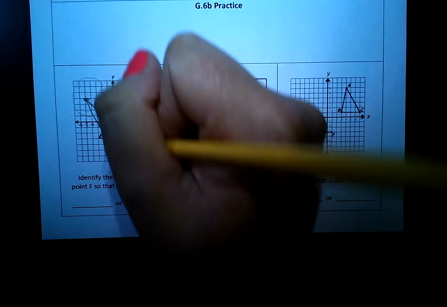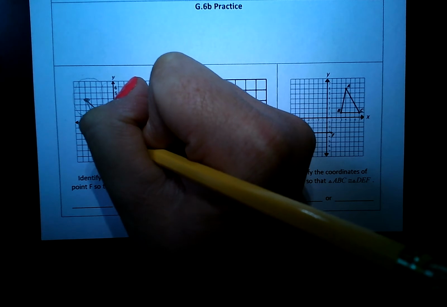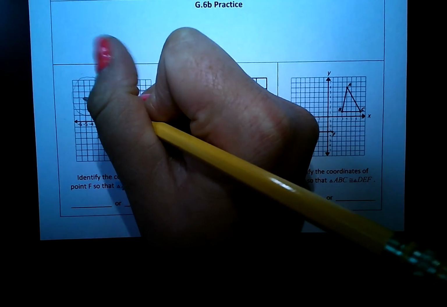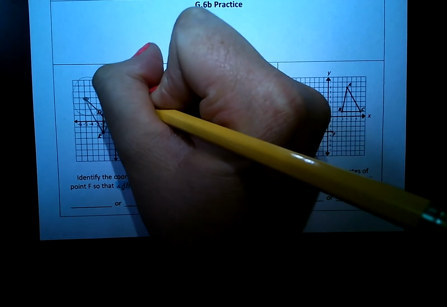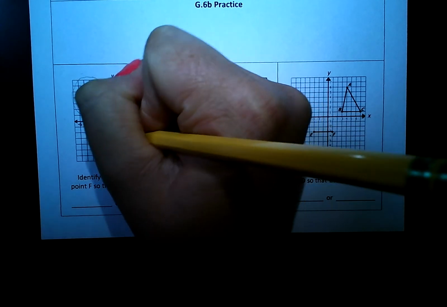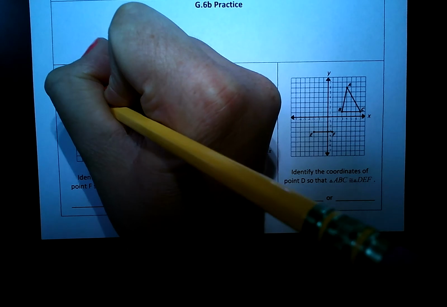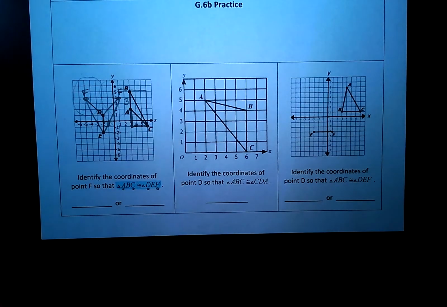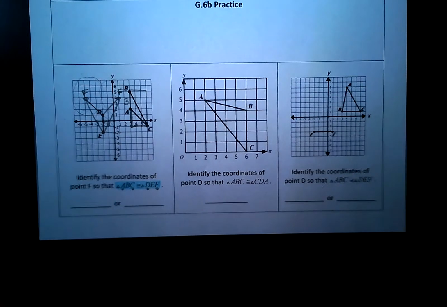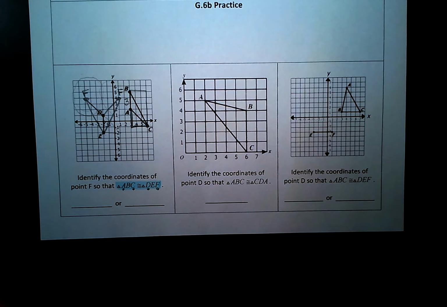A rise of 6, a run of 3. So come over here to our longest side. A rise of 6 and a run of 3 gets me to this point F, and a rise of 6 and a run of 3 gets me to this point F. So I think I found my 2 locations of F that created these congruent triangles.